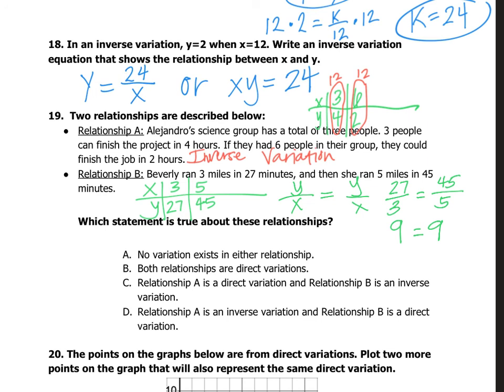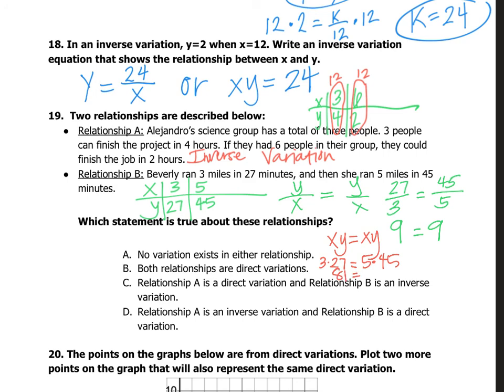You could also check to see if it's inverse variation, and I'm going to do that in red. So if you wanted to check inverse variation first, when we do that, we have x times y equals x times y. If we do 3 times 27, and then over here we have 5 times 45. When we do 3 times 27, we get 81.